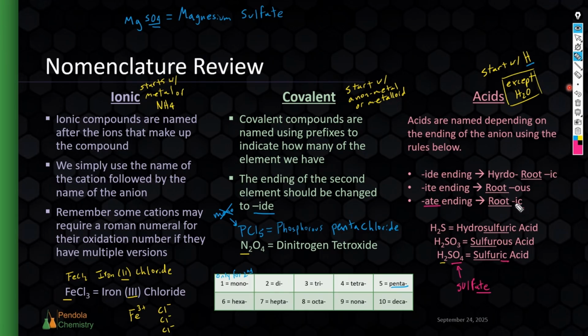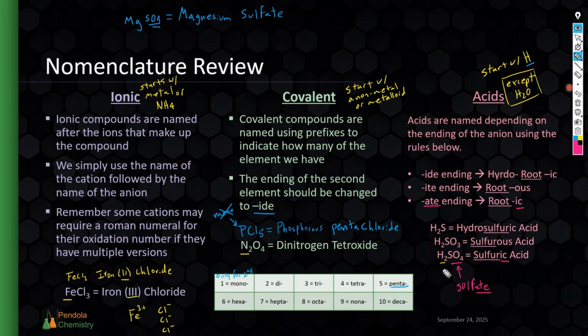What is the difference? "-ate" has no hydro in front of it. So the difference between hydrosulfuric acid and sulfuric acid is that the one with hydro has an "-ide" ending. So hydrosulfuric acid is a sulfide ion, so H2S. Sulfuric acid, without the hydro, is originally the sulfate ion, so H2SO4.